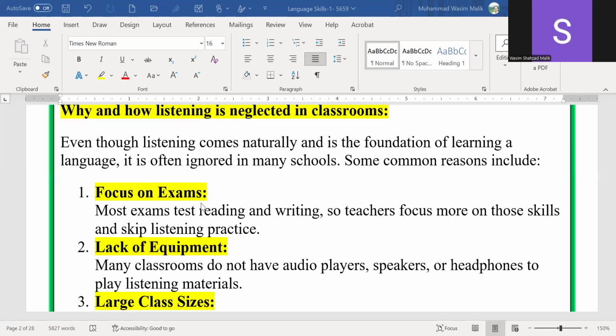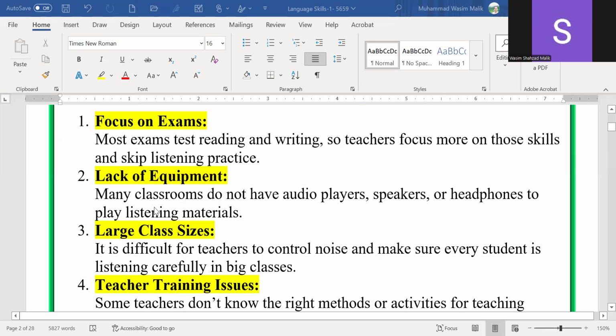Everything is based on cramming. So the focus is on exams, not on the development of the skills. Lack of equipment: in our schools there is no proper equipment for listening. There are no language labs or audio-video systems in our schools where the students can practice.